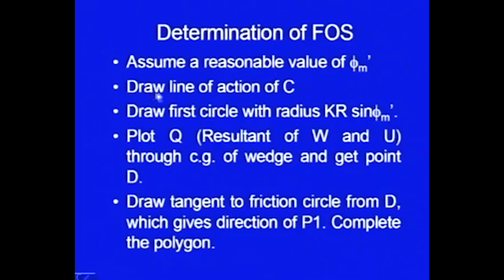Then we draw the line of action of C, as we discussed in our previous class. Also draw the first circle with radius K r sine of phi m dash.